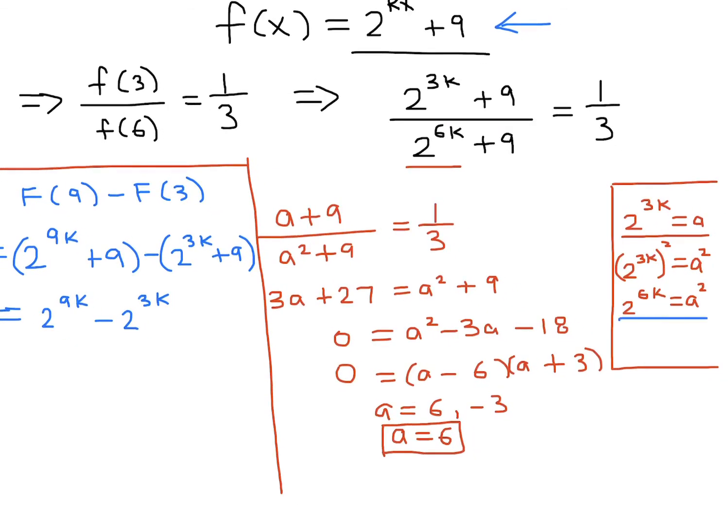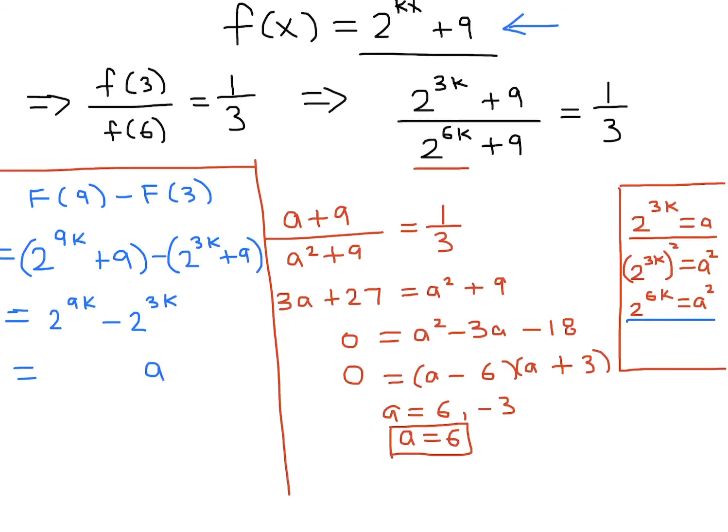Well, we had over here some good relationships. 2 to the power of 3k was a, right? And 2 to the power of 9k is essentially 2 to the power of 3k all to the power of 3, right? Because you would have to multiply 3k by 3, so it would become 2 to the power of 9k. So if 2 to the power of 9k is indeed 2 to the power of 3k to the third, then we can substitute a for 2 to the power of 3k.